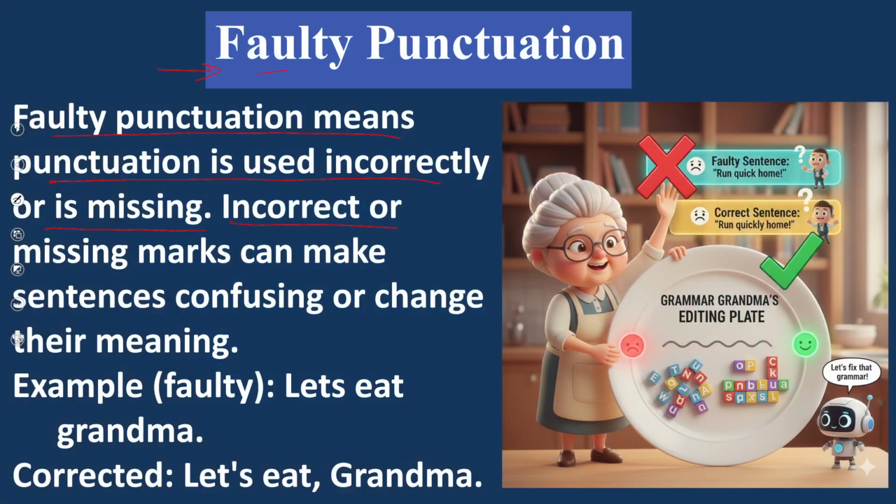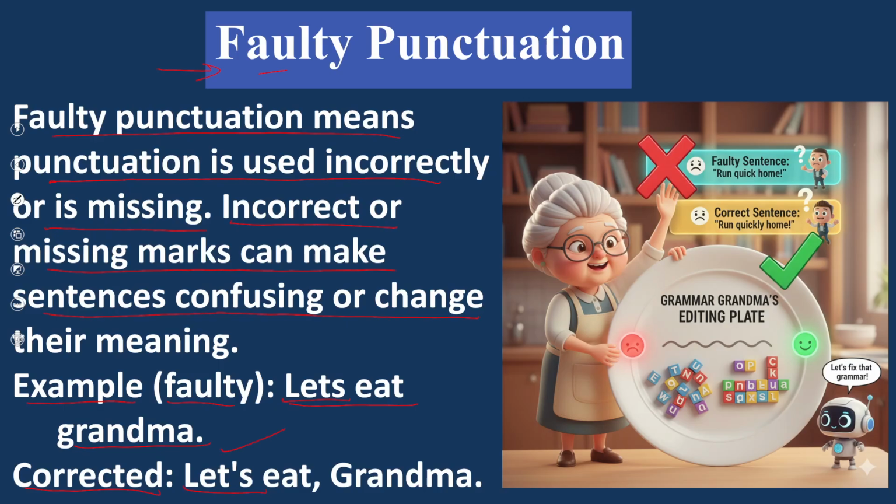Yes, incorrect or missing marks can make sentences confusing or change their meaning. For example, faulty: let's eat grandma. Corrected is the sentence with correct punctuation. You can see that here let's is without an apostrophe, but the right word is with an apostrophe.